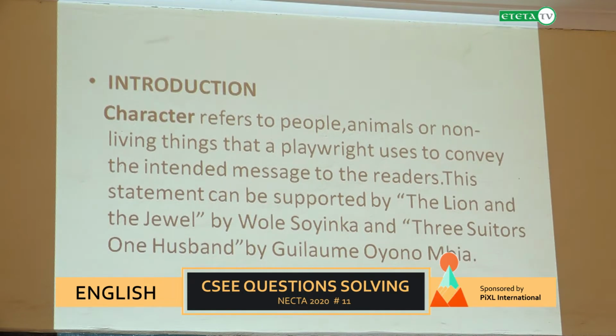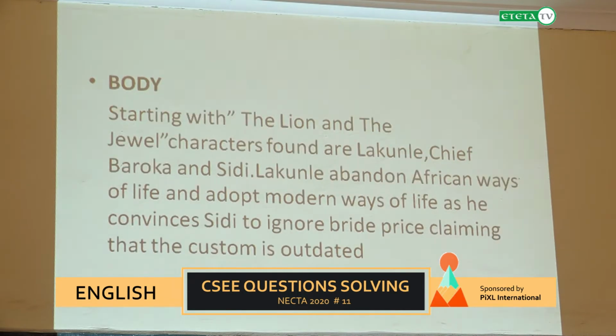Let's go to the body to see how we are going to do. In the body, my dear students, do not get confused. You have stated the reading that you are going to use.